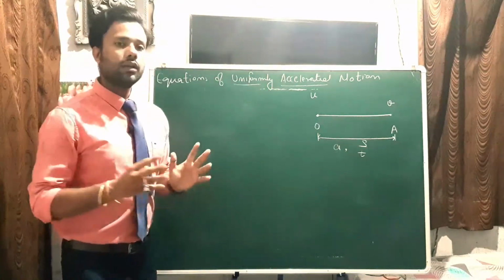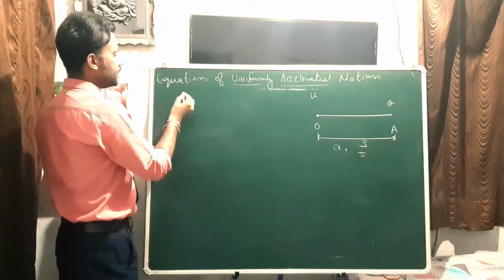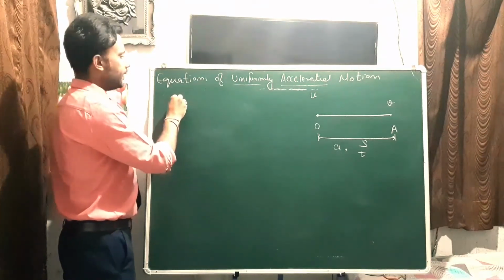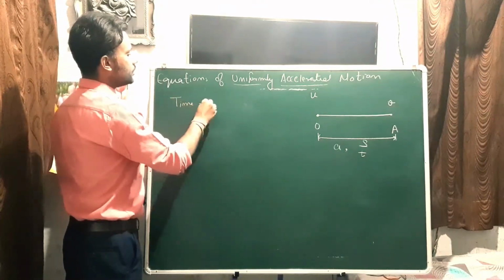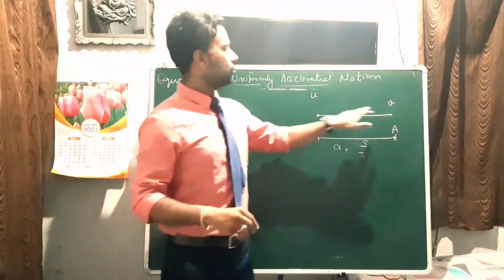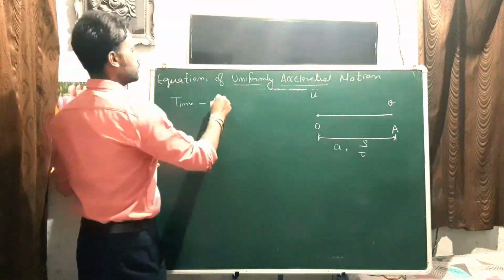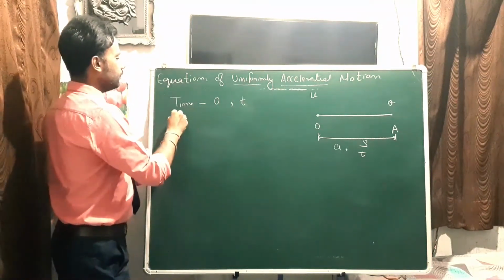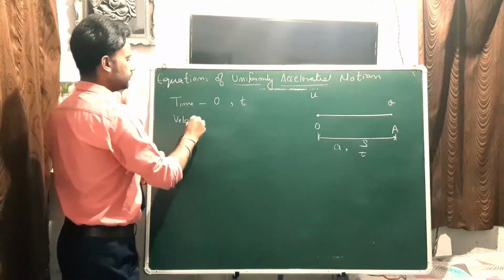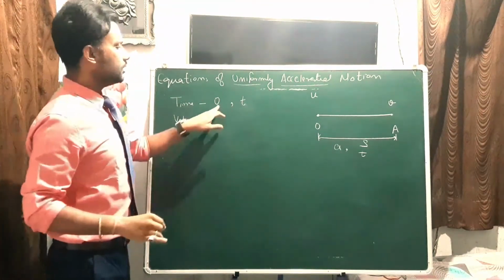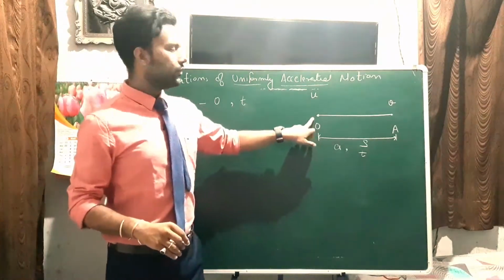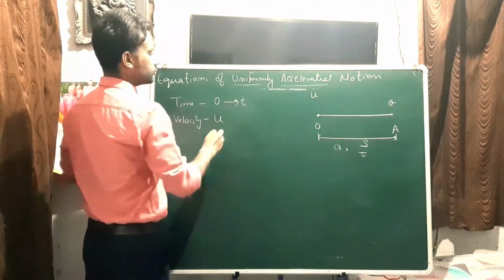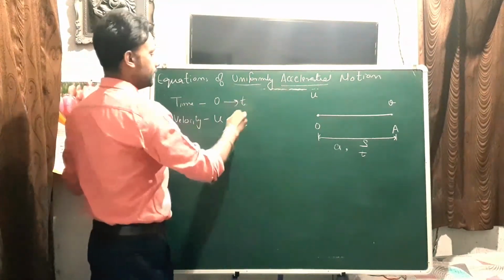So what are the limits? First talk about the time. Time is changing from 0 to t, right? Then velocity. When the time was 0, that means initially, what was the velocity? Velocity was u. So velocity changes from u to v.